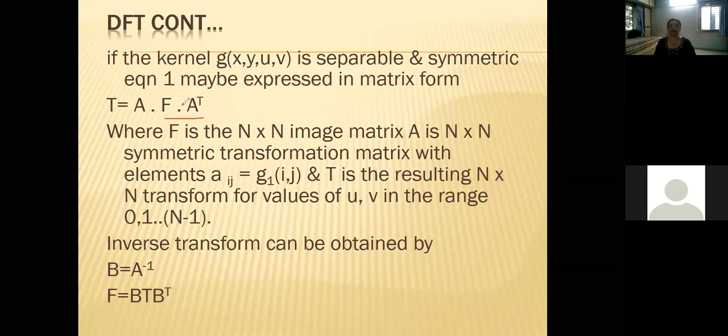Then we get some partial result, which we denote by L. Then we multiply matrix A, which is again our DFT coefficient matrix, with L, to get our final result T, that is the discrete Fourier transform of the original image.